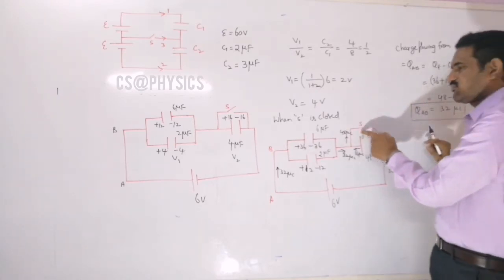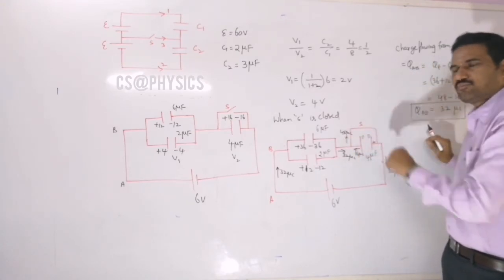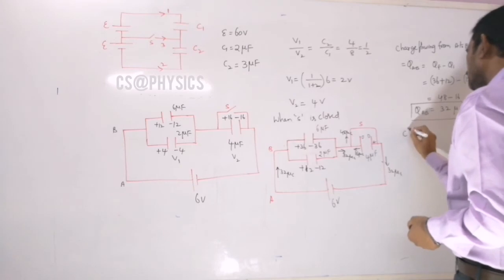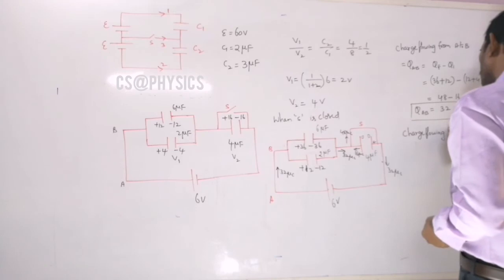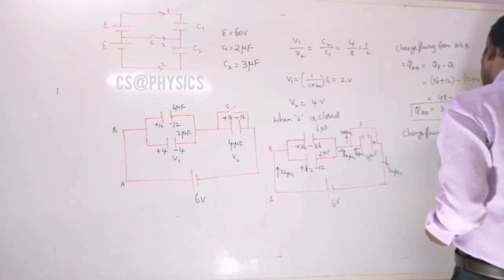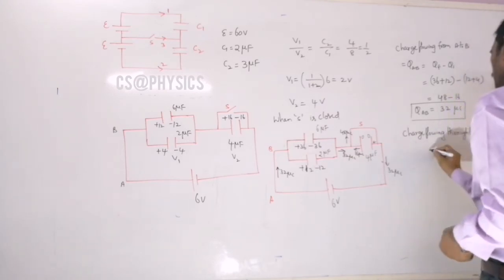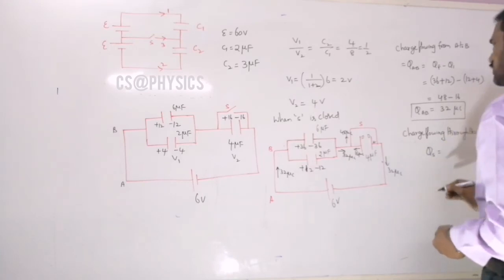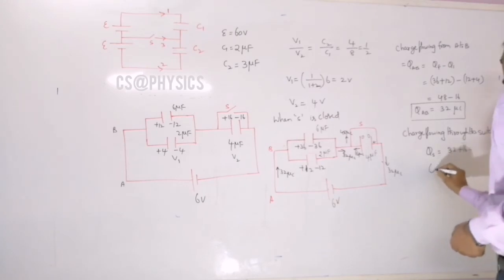Now our question is the charge flowing through the switch. So the charge flowing through the switch is plus 48 microcoulombs flowing here. So therefore, the charge flowing through the switch you can write as 32 plus 16, which is 48 microcoulombs.